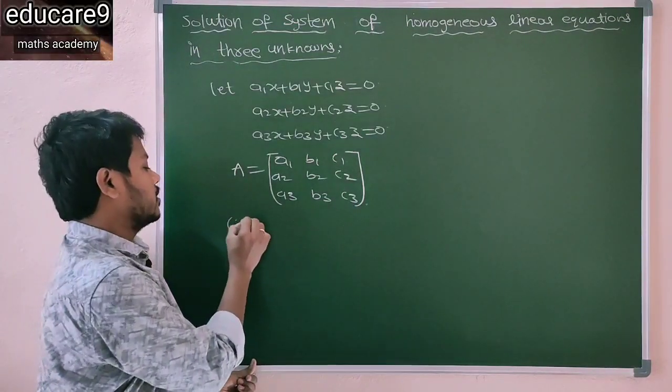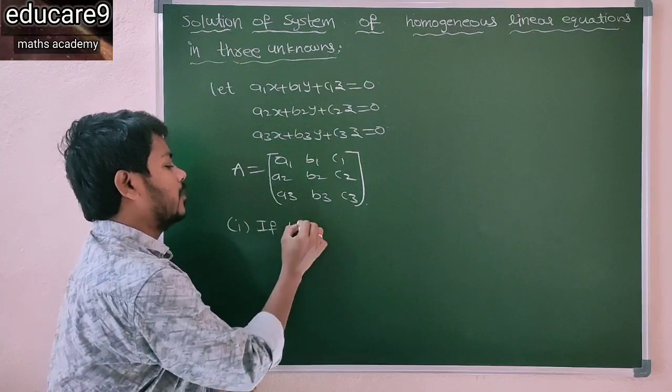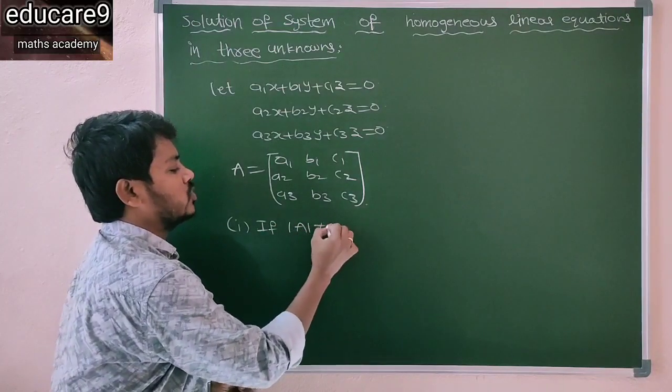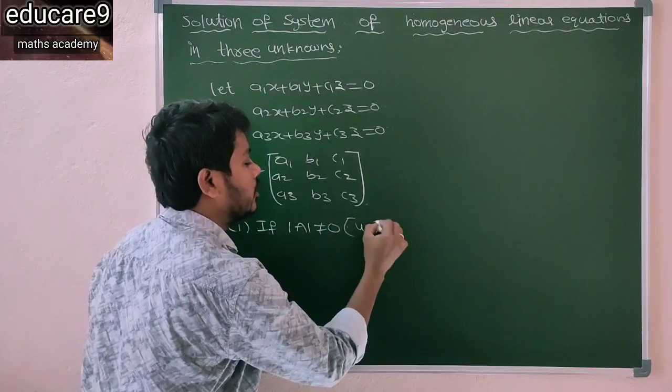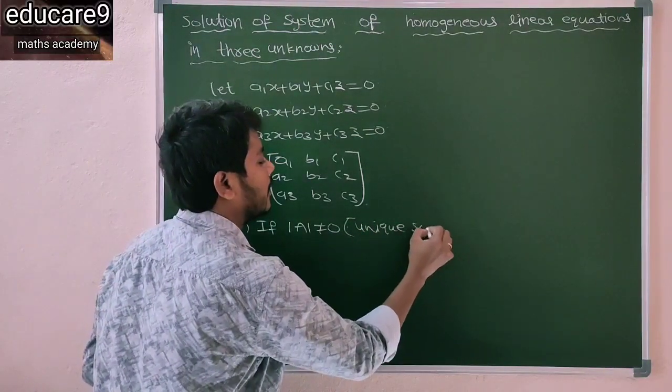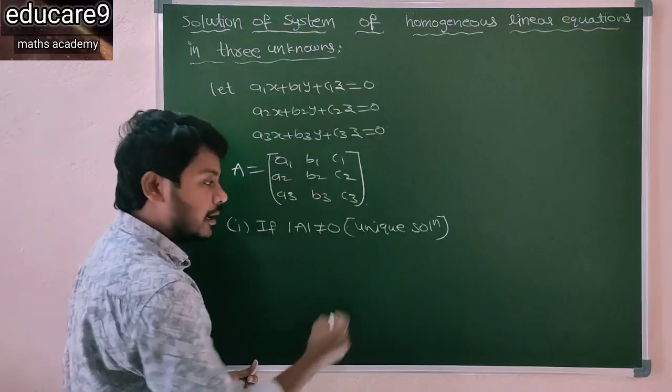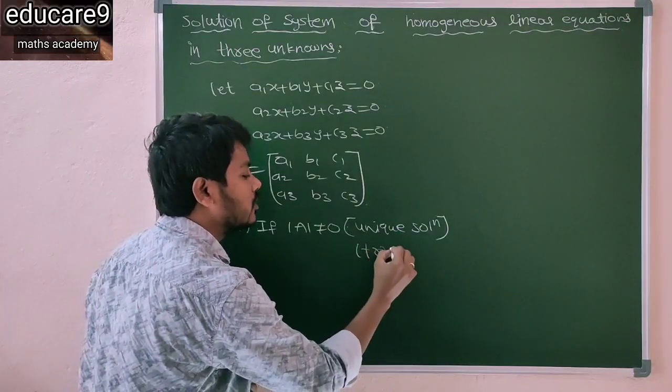So first one, if determinant of A is not equal to 0, then it has a unique solution and it has trivial solution.